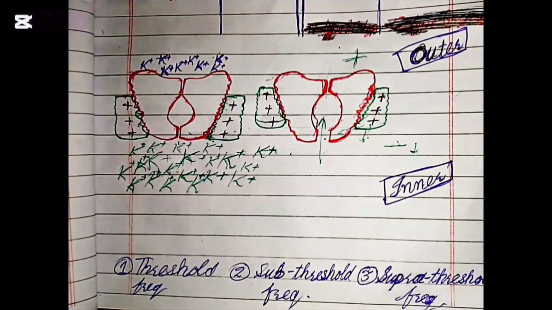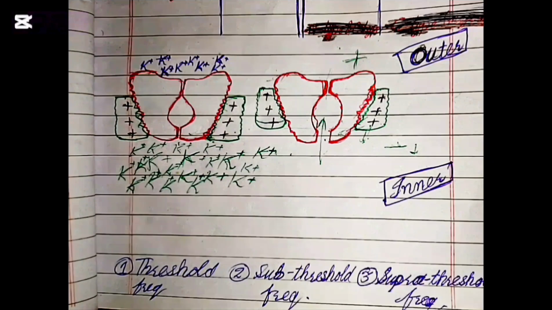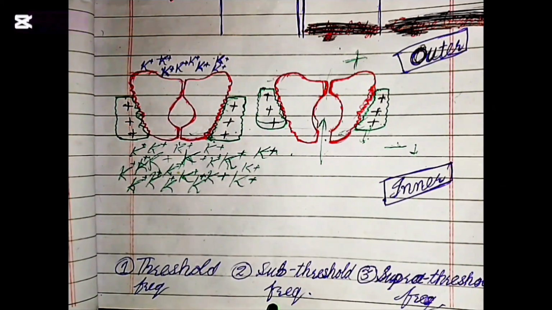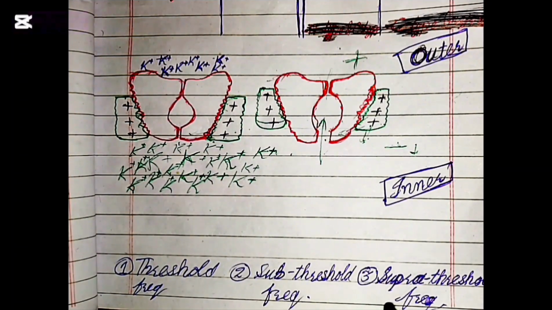Here is one concept which I think must be important: threshold frequency. You all know what threshold frequency is: the minimum frequency at which the activation gate opens. Subthreshold means lower than threshold, at which the activation gate doesn't open, and suprathreshold is much higher than threshold.